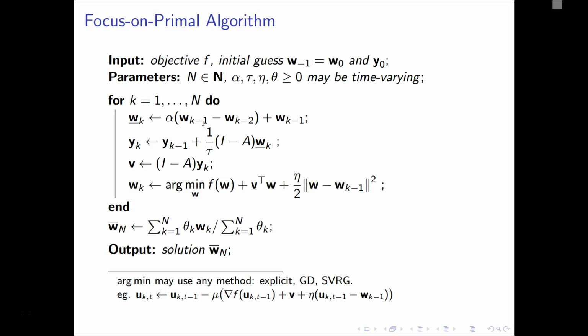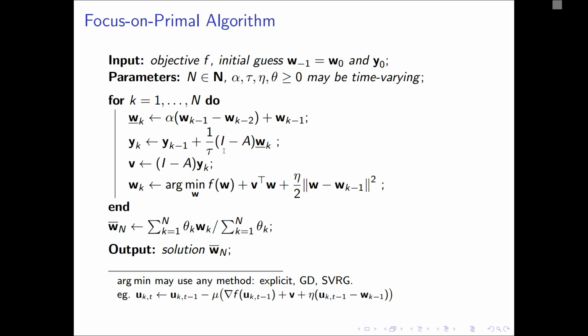Assuming that we're searching in the right direction, alpha times this difference plus w_{k-1} will give you a rough estimate of where you would get if you do the primal update. Then instead of using the regular w_k, you use this underlined estimate of your primal update to do the dual update. And later you will do the regular primal update.